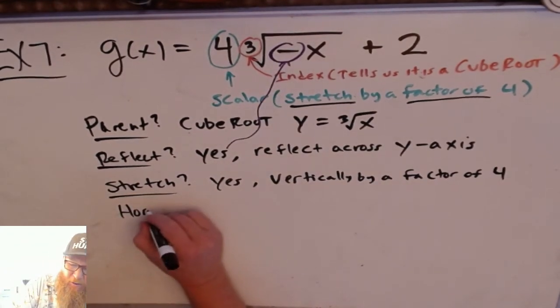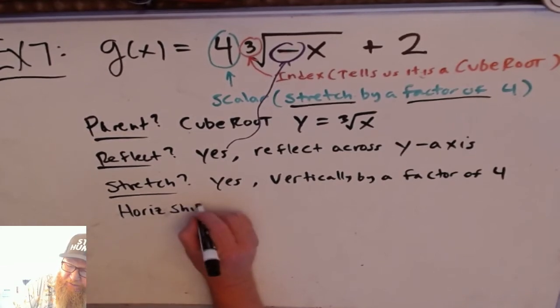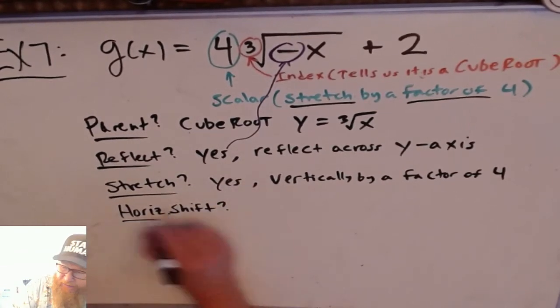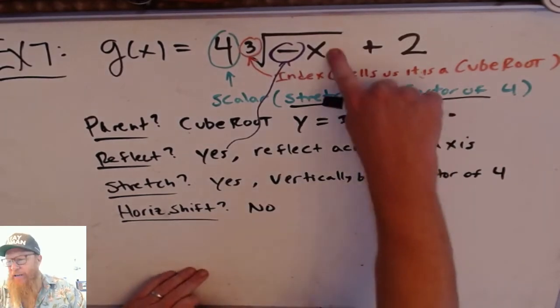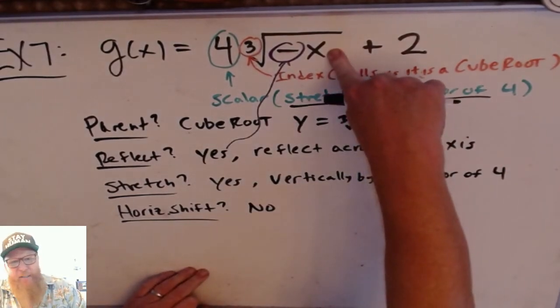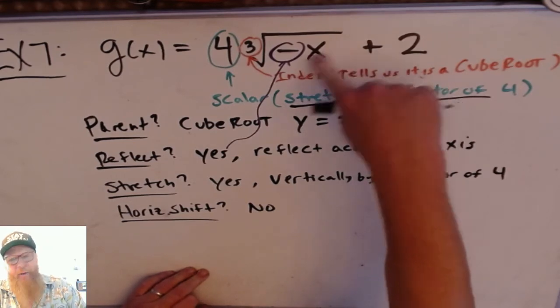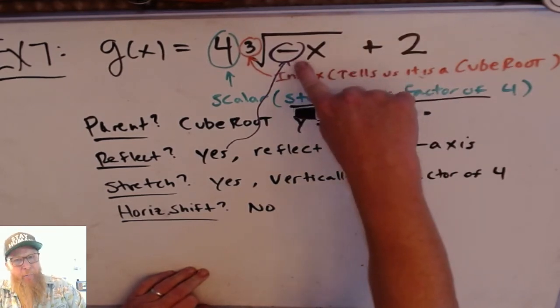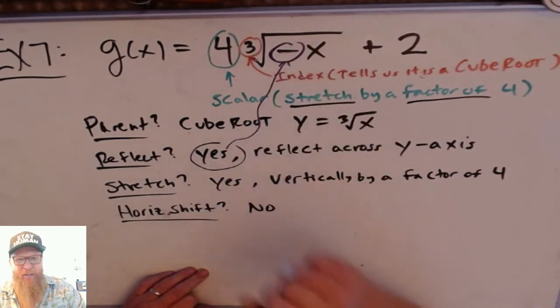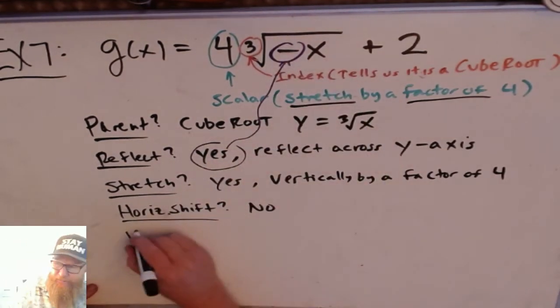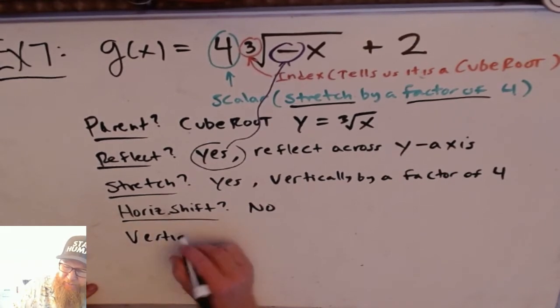Are you going to do a horizontal shift? No. Yeah. There are no additions or subtractions inside of the radical symbol. There is a -1, but that's a reflector. Yeah. That's not a shifter. Is there a vertical shift?